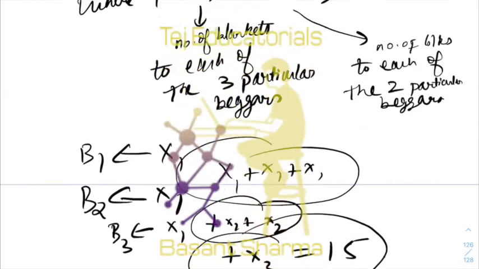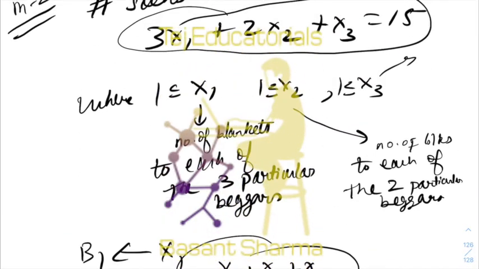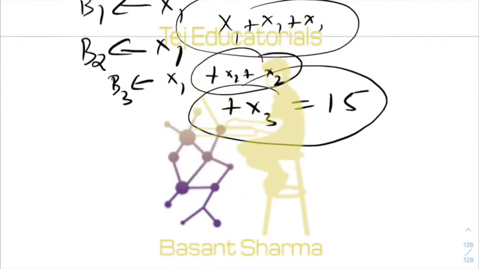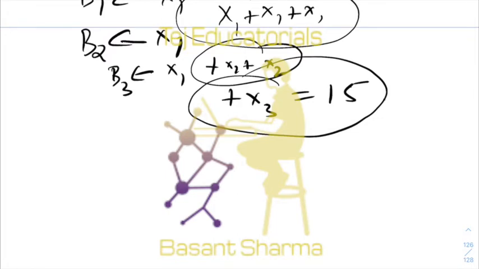now how will you find the number of solutions? Now you see, if you think about it, in general, let's say you have this equation, ax1 plus bx2 plus cx3 equal to n.